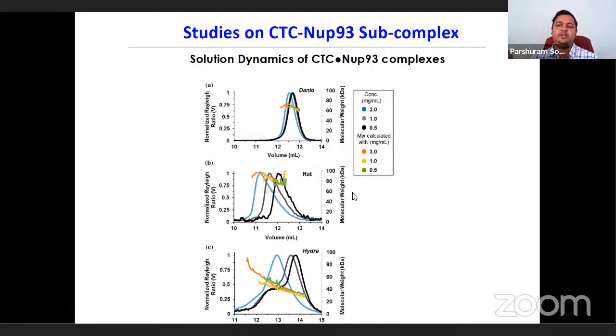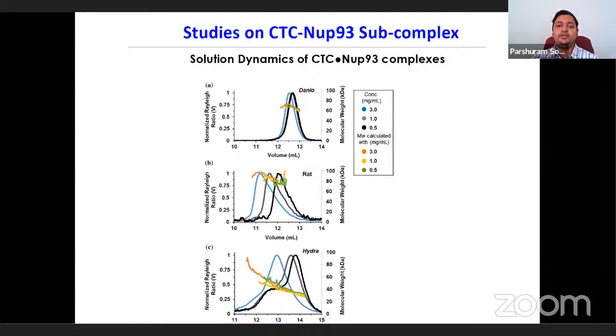This experiment helps us to tell whether there are dynamic complexes present in the solution or not. Although these complexes are made up of only 3 different proteins, we could see by sigma analysis that they have different types of molecular weights. Different molecular weight complexes are present in the solution. And that gave us the clue that yes, indeed, these CTC93 subcomplexes probably are dynamic.